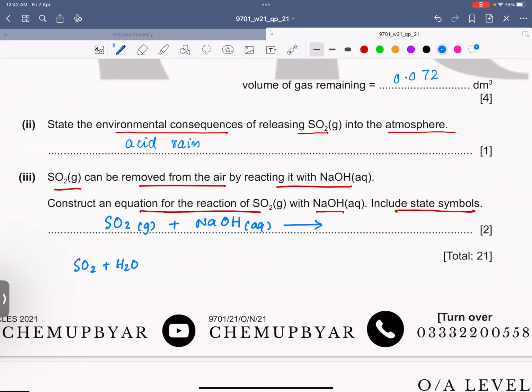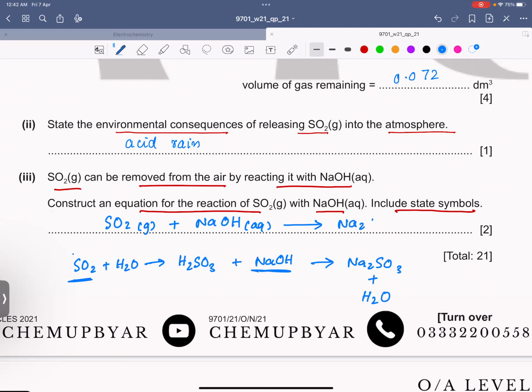On dissolving in water, it forms H2SO3, sulfurous acid, and when sulfurous acid reacts with NaOH, we get sodium sulfite Na2SO3 and water. So if I react sulfur dioxide directly with NaOH, the same reaction will take place.